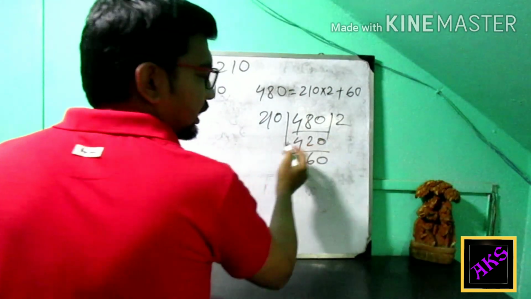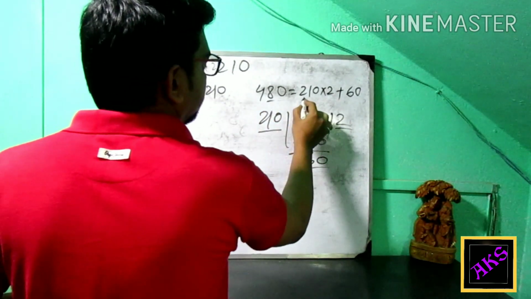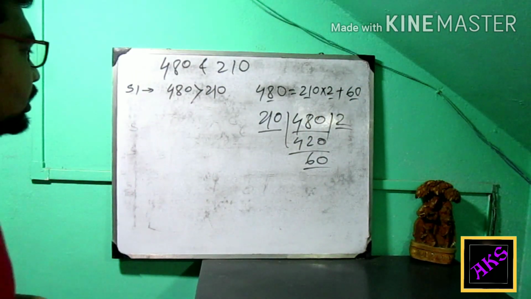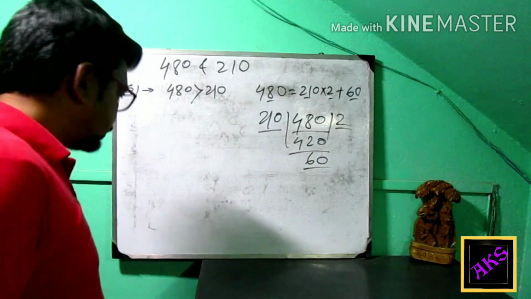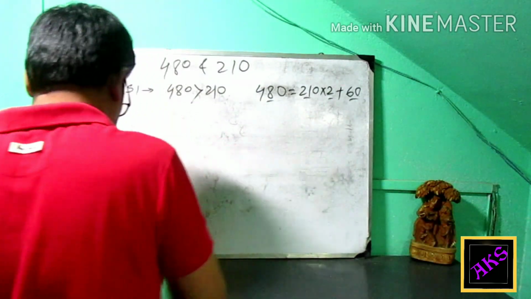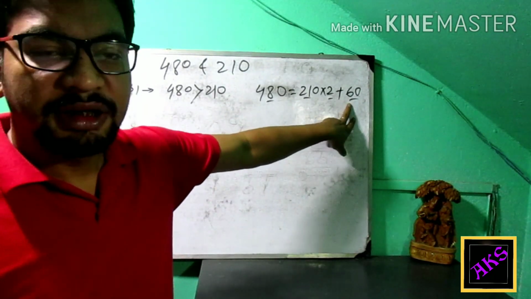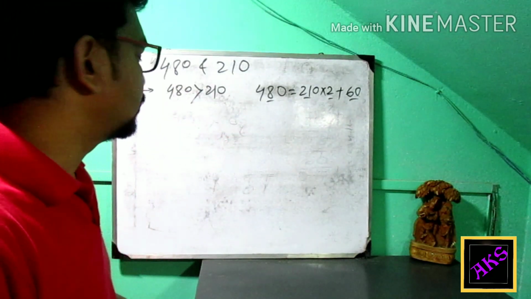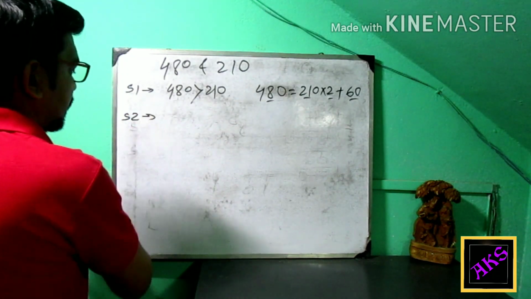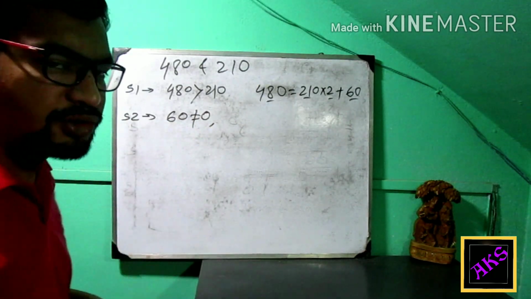So this was our a, b, q and r. Now, as the remainder is not 0, we come to step 2. As 60 is not equal to 0, that means the remainder is not equal to 0.